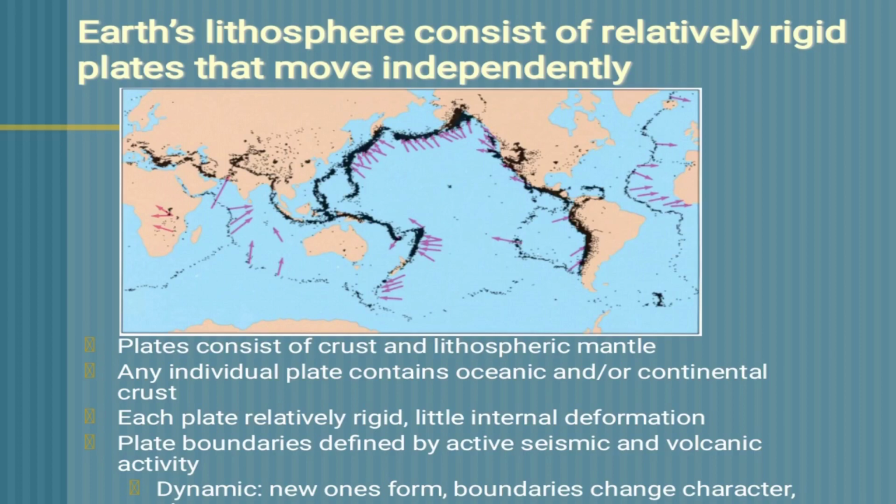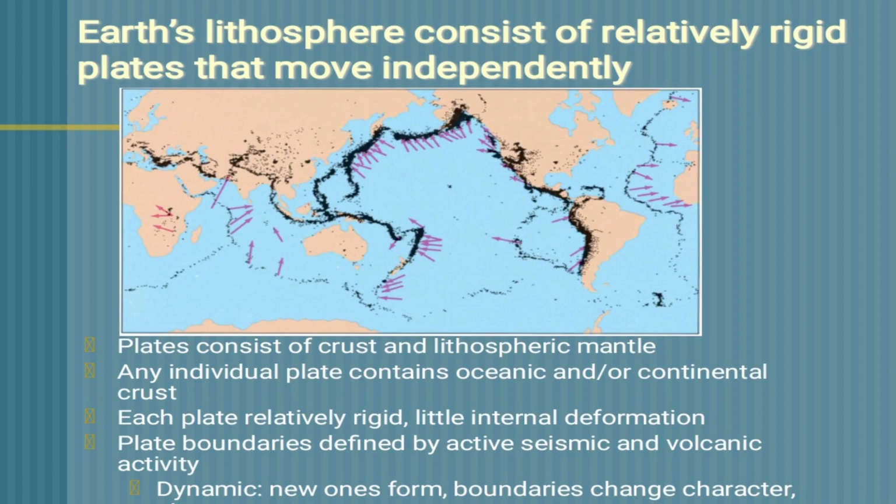As for the plate boundaries or margins, number one is the constructive plate margin, also called divergent plate boundaries. Second, the destructive plate margins, also called oceanic trenches.